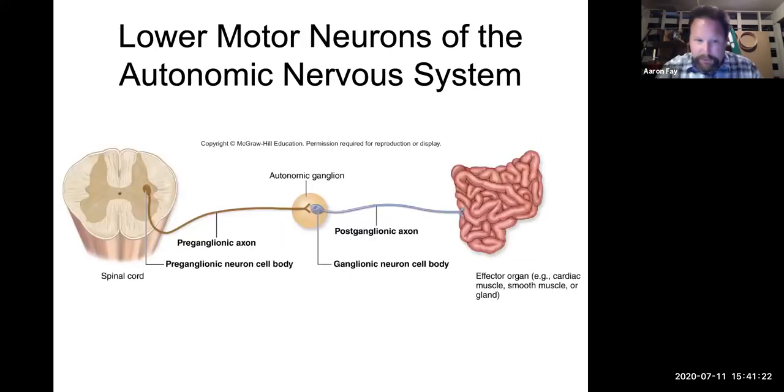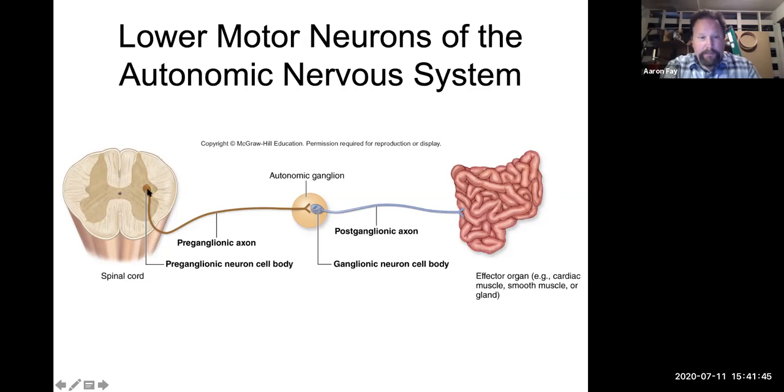Let's go to the picture. So here we have a preganglionic neuronal cell body. When I say the words preganglionic neuronal cell body, you should know this is going to be in the lateral gray horn of the spinal cord, because that's something we learned last time.